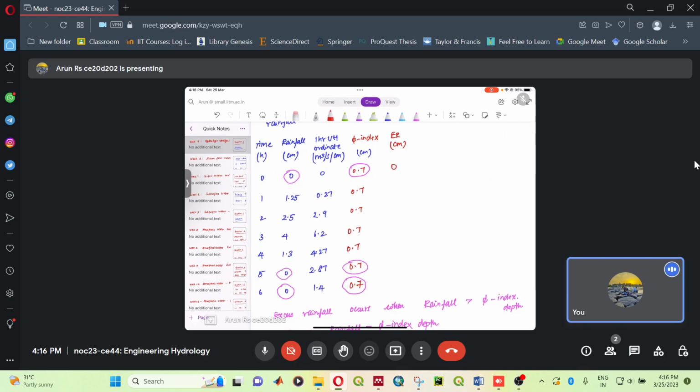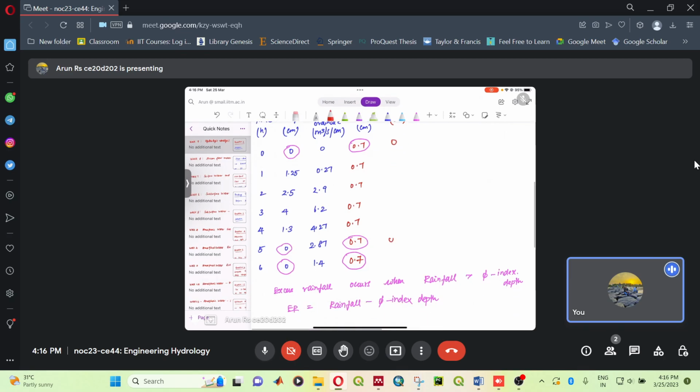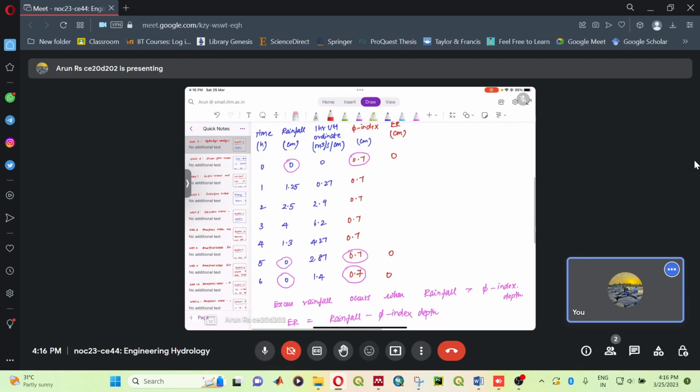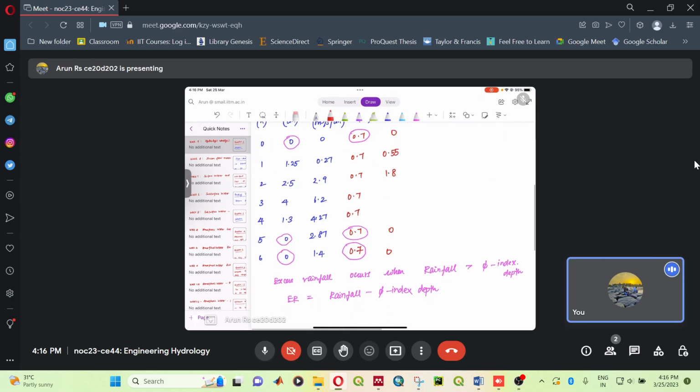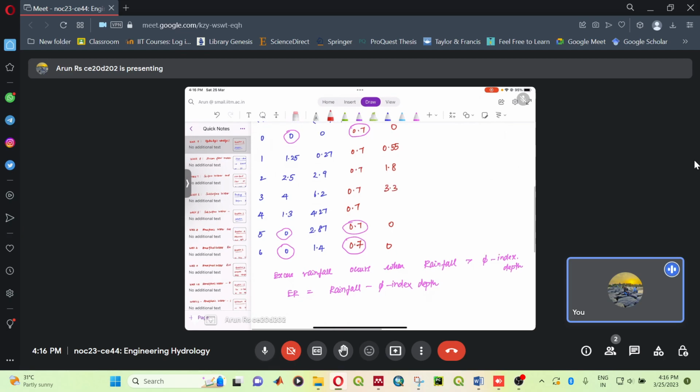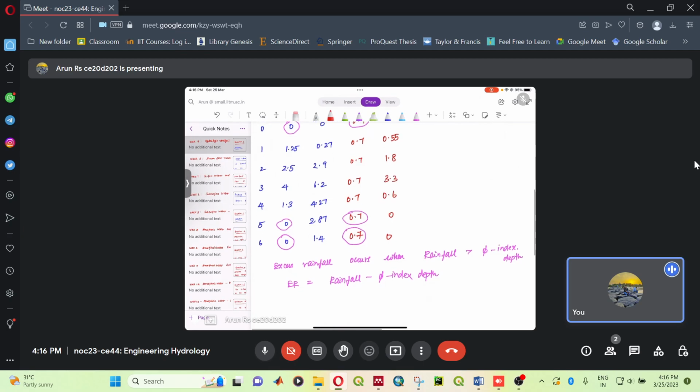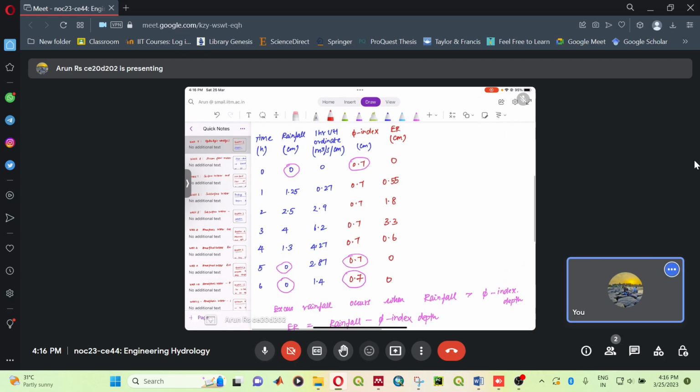So here it is 0 itself because we don't have any excess rainfall. For the rest of the rows we have the excess rainfall. So that will be 0.55, 1.8, this is 3.3, this is 0.6. So I am taking the difference between these two.